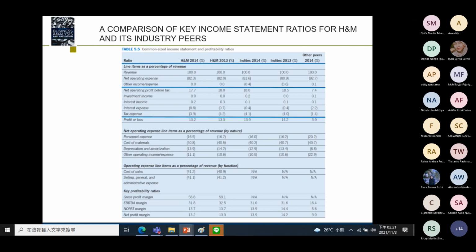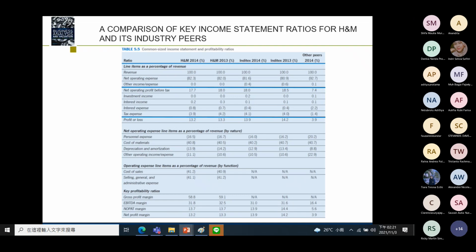Controlled operating expenses are likely to be especially important for firms competing on the basis of low cost. However, even for differentiators, it's important to assess whether the cost of differentiation is commensurate with the price premium earned in the marketplace.